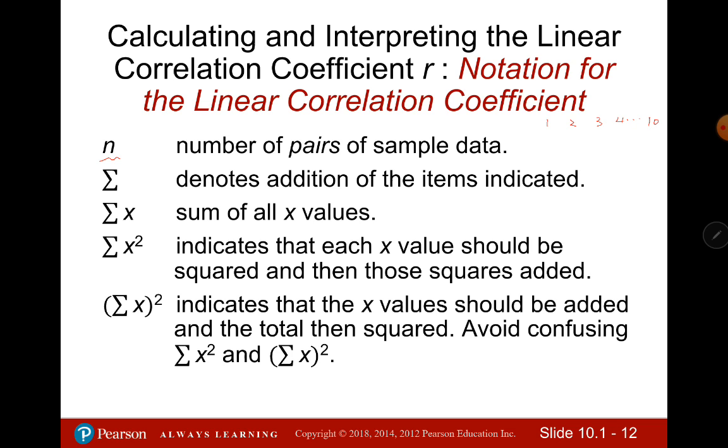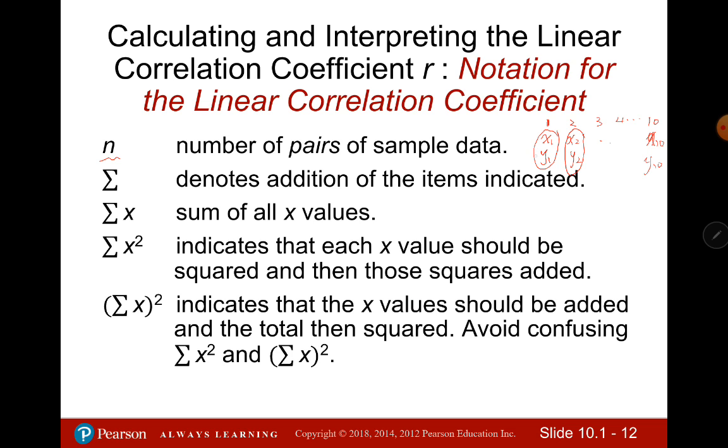For each observation, I will have a paired value, which means one value for the first variable x, and another value for the second variable y. So for the first observation, I will have x1, y1. For the second one, x2, y2, and so on. We'll have x10, y10.